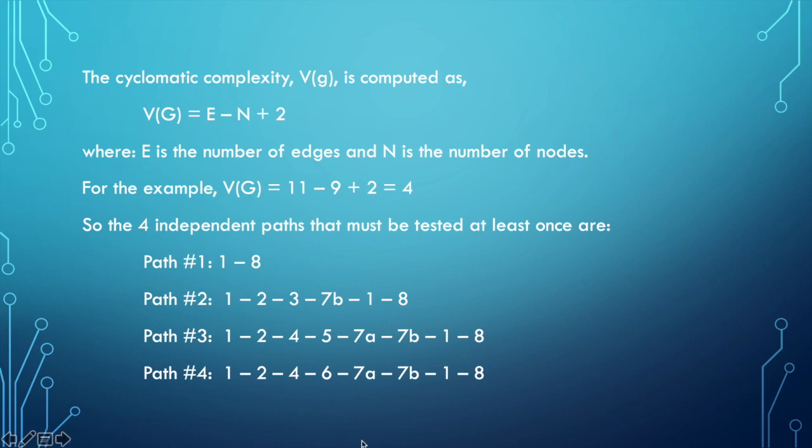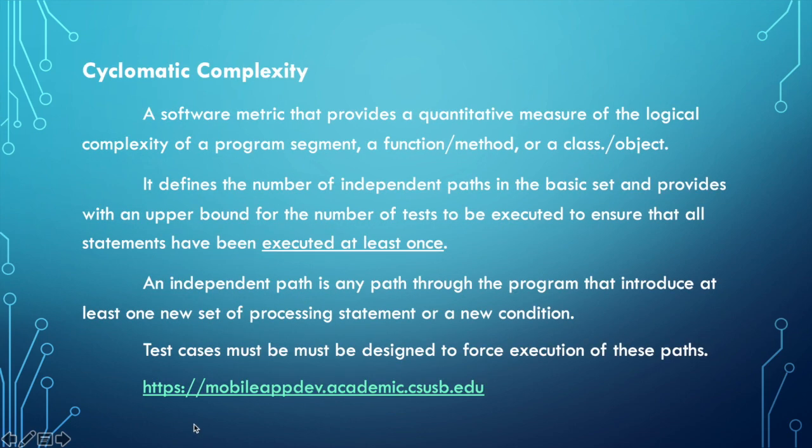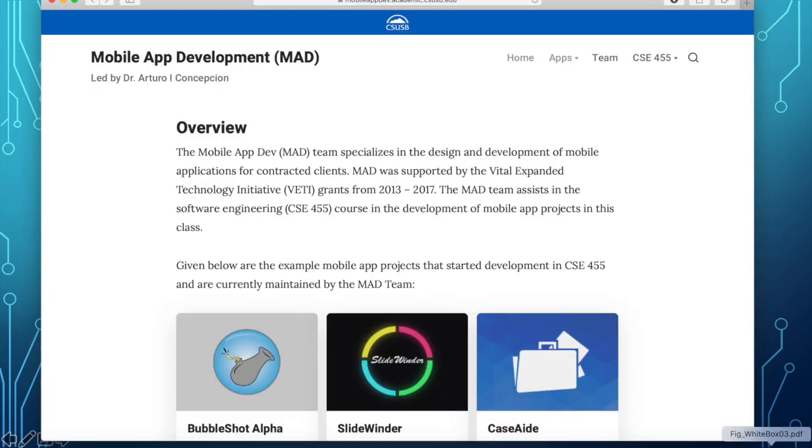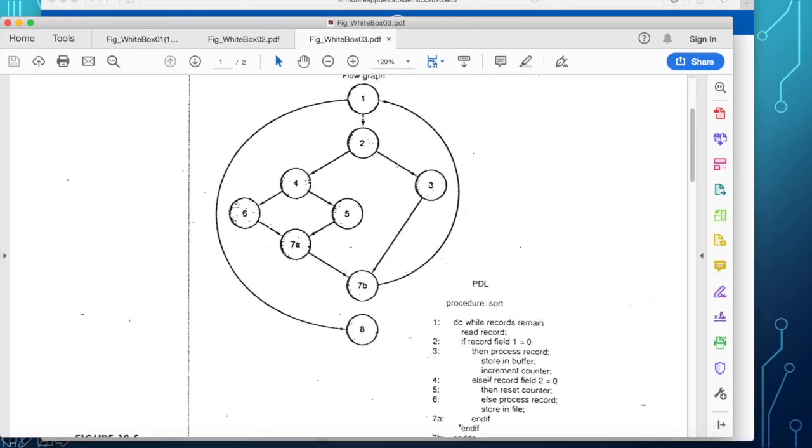Let me get that image again. Okay. So what are those paths? One path is 1 through 8. That's one path.